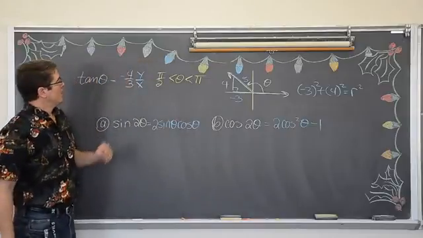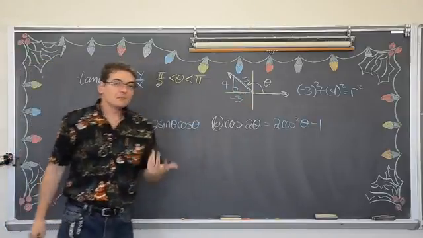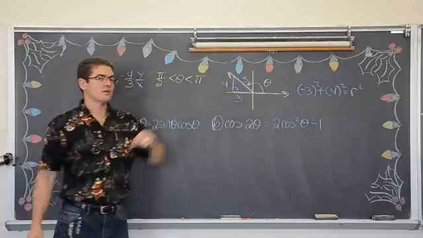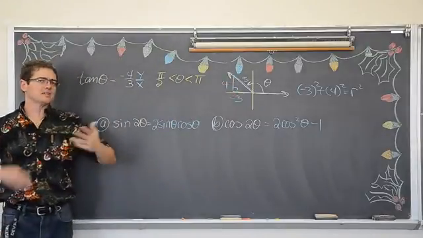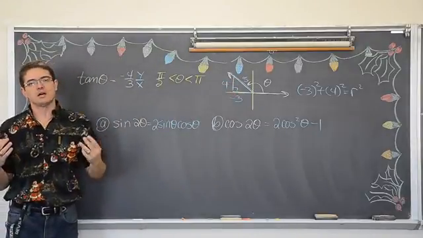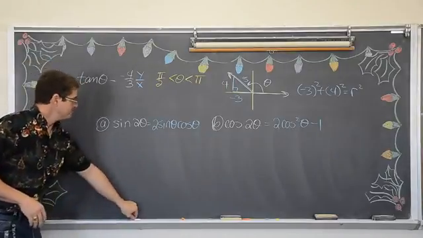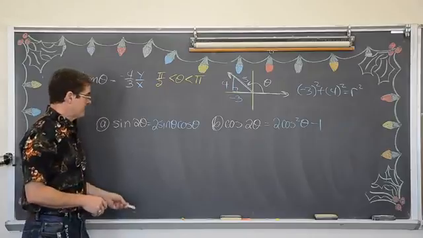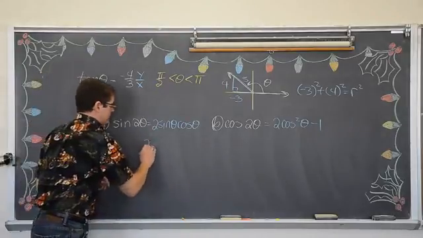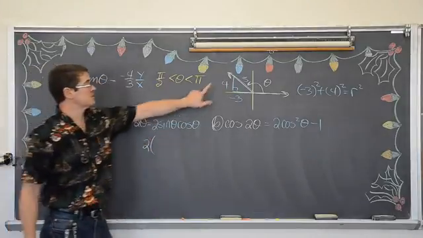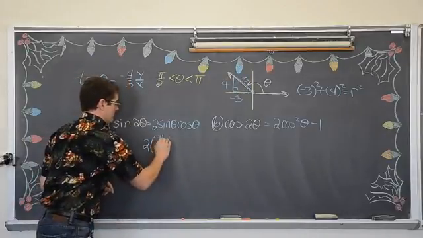Well, now that I have my picture drawn, and I've got the 3 sides of my reference triangle set up, I can answer anything I want. I can set up any trig function for theta that I would like. Well, let's get back to our problems. The sine of 2 theta is equal to 2 times the sine of theta, which is 4/3, y over r.